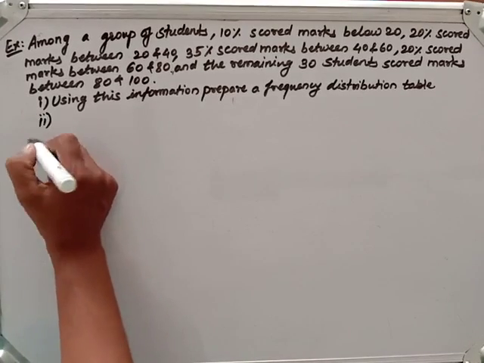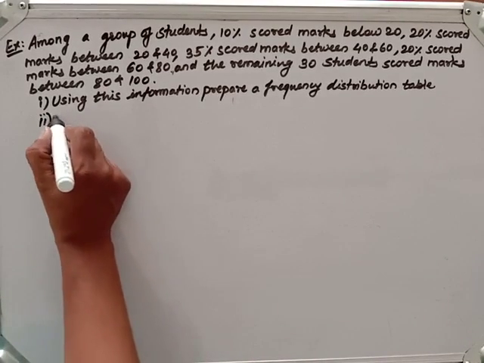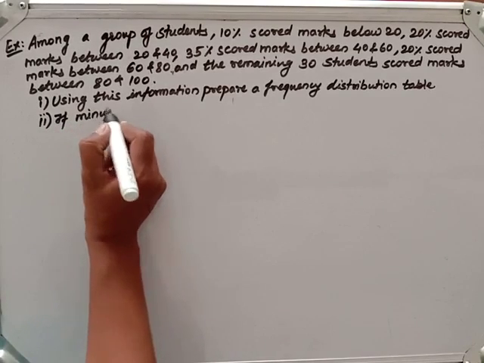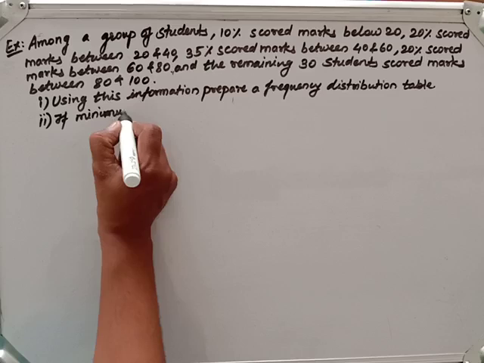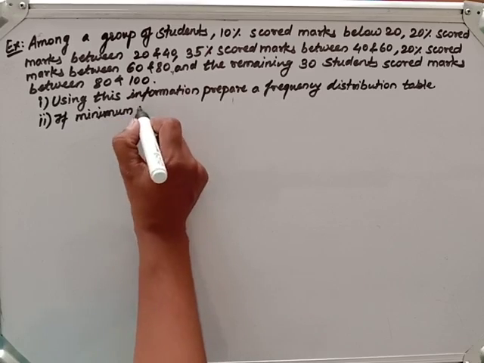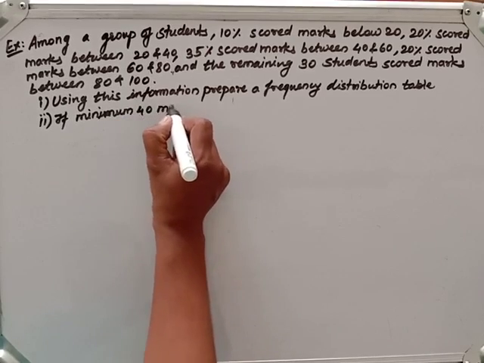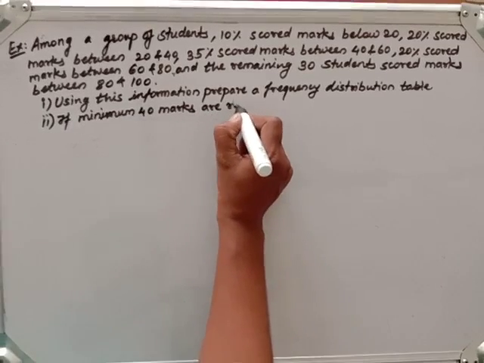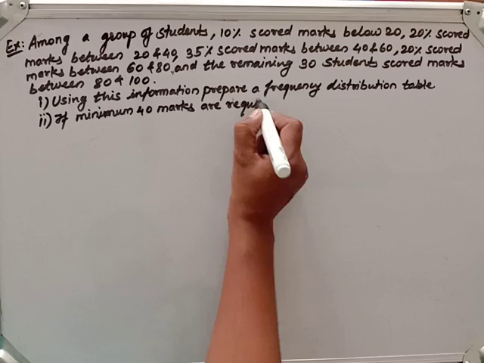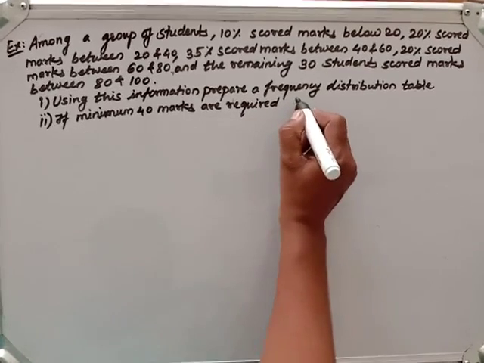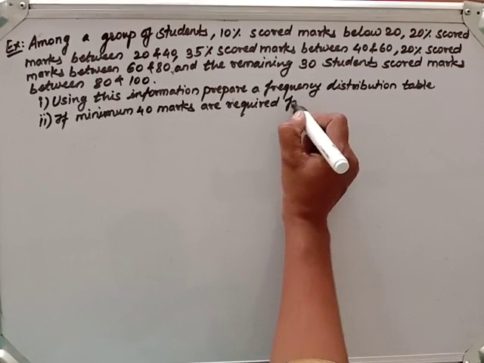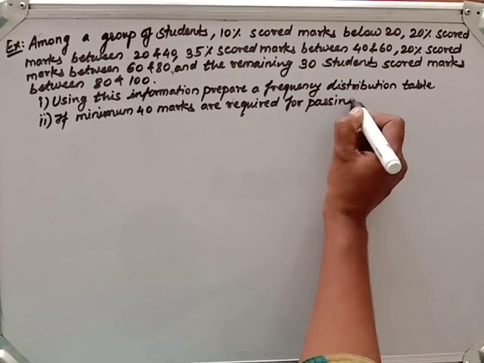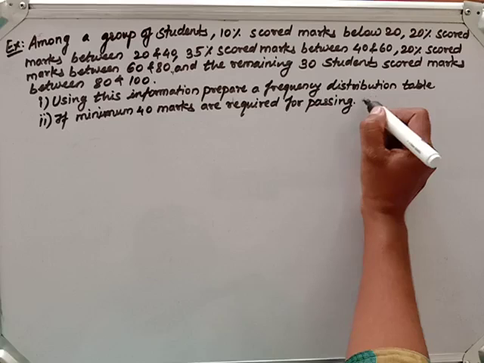Clearly from the data we can observe that thing. Now if minimum 40 marks are required for passing, okay.